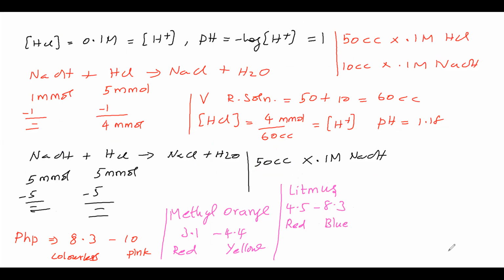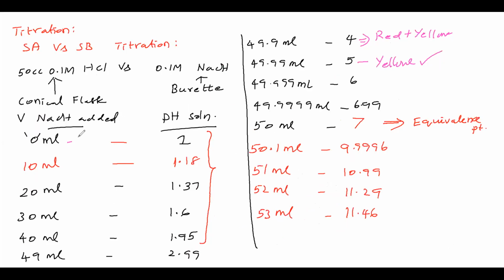We'll see. Now we have added litmus solution. This litmus solution is giving red color here. Red color is persistent. Here also red color only. So red color continues even at this place.